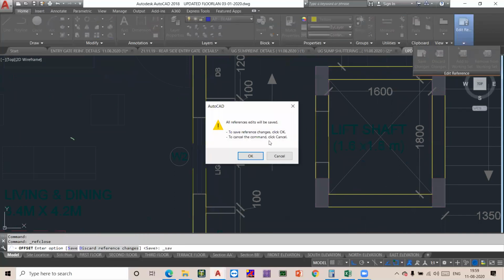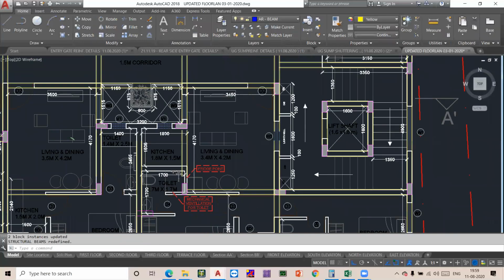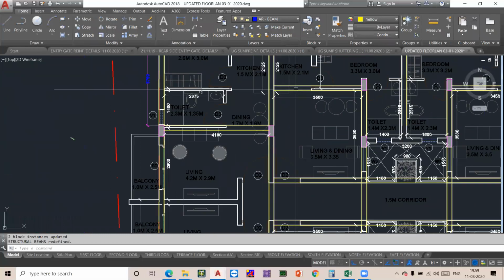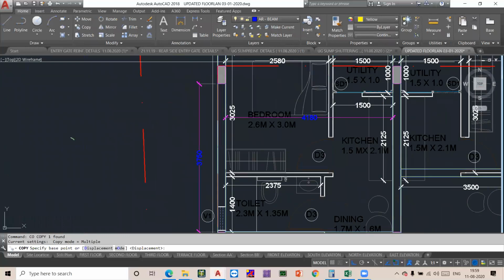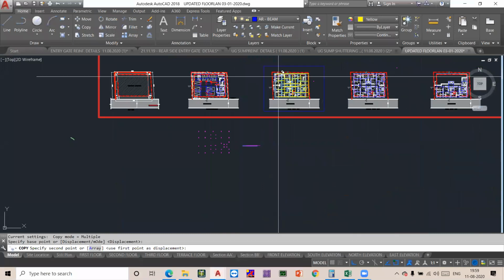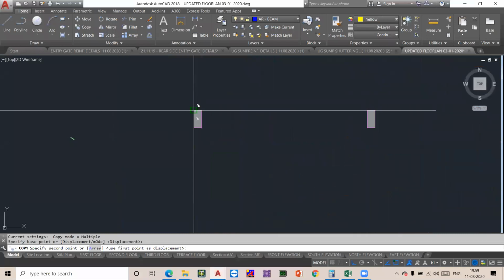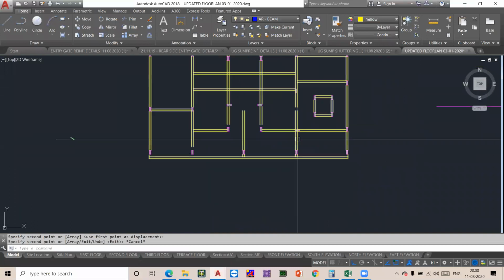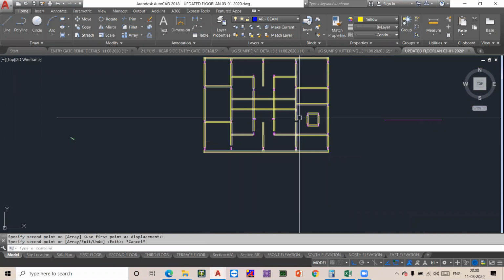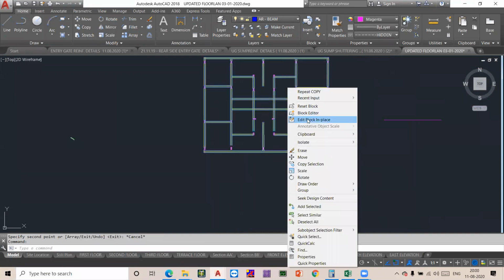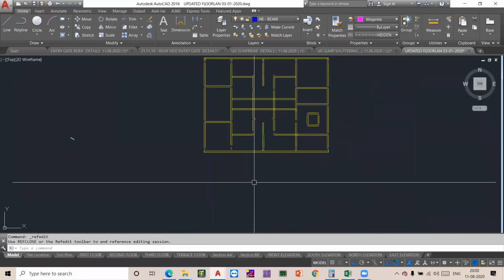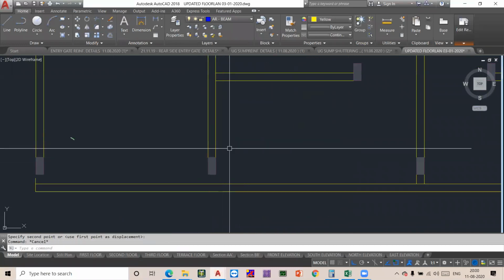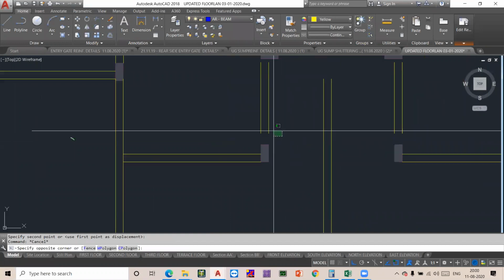So with this, we have completed drawing our beam layout. If you can notice, it will be something like this. See, our beam layout is somewhat completed. Now what we will be required to do is, we need to further fine tune this beam layout. Fine tuning in the sense, wherever it is not properly connected to the columns, we are stretching it.